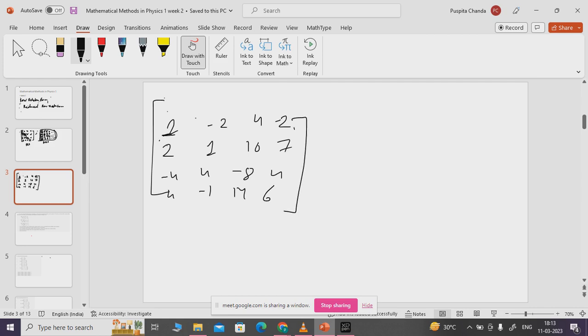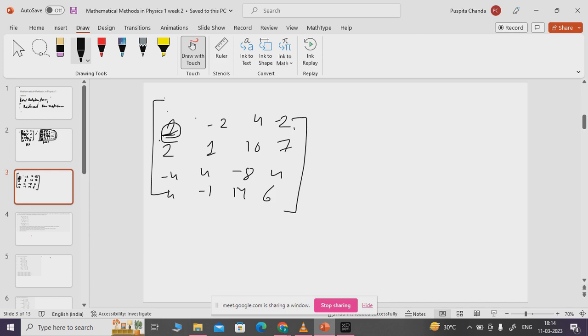We need to reduce it to row echelon form, not reduced row echelon form, because from row echelon form we can determine the rank of the matrix and other things.